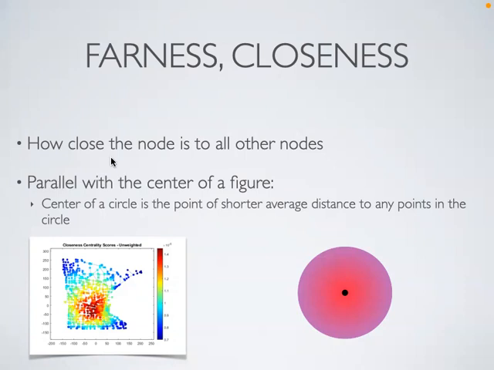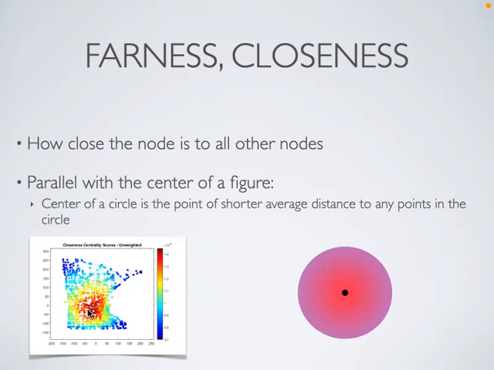If you take a figure and look at the center, the one property of the center is that it's the point which is the closest to all the other points on average. Because if you're at the periphery, you're very far from the part of the figure on the other side, while if you're in the middle, you minimize your distance to all the other points in the figure. And in a graph, it's the same idea.